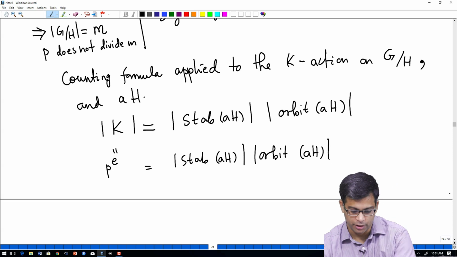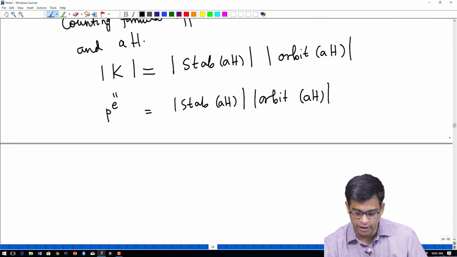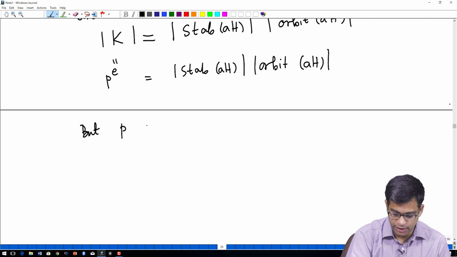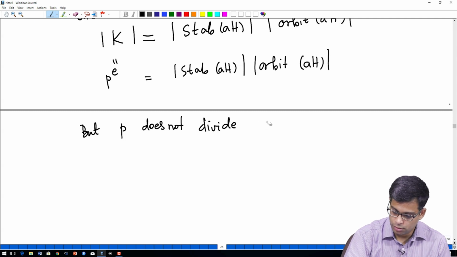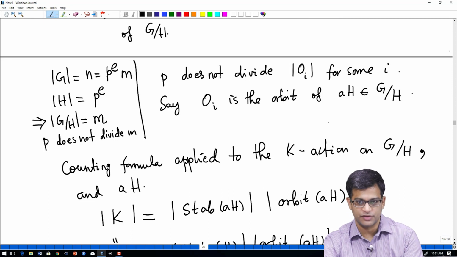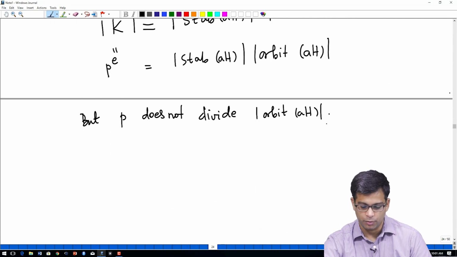But remember what we have here: p does not divide the order of the orbit of aH, because that is how we chose this. p does not divide the order of some orbit, and we called it the orbit of aH.